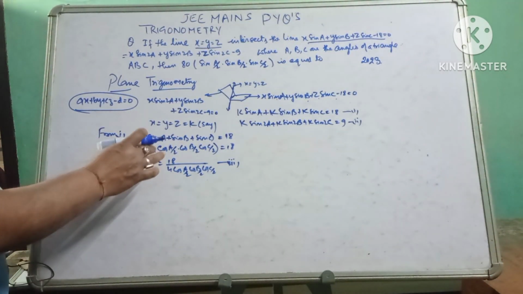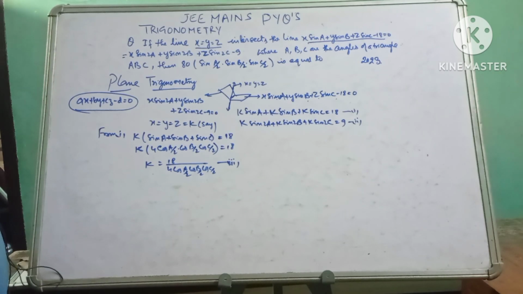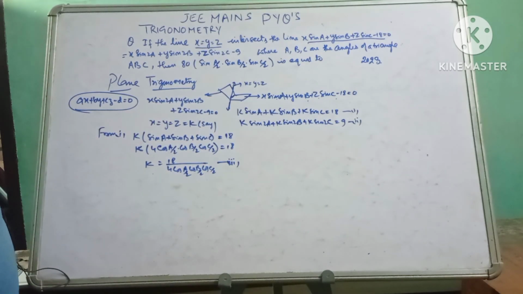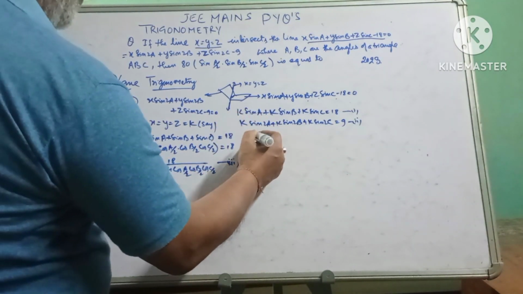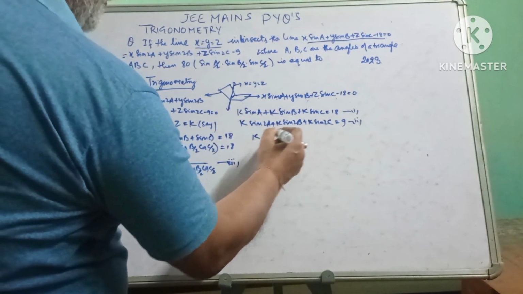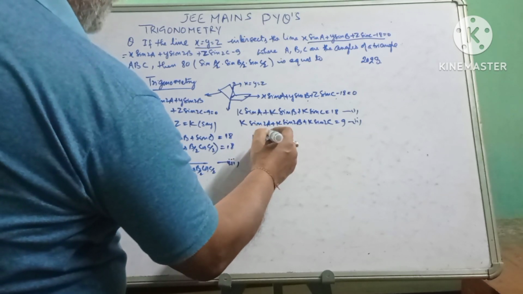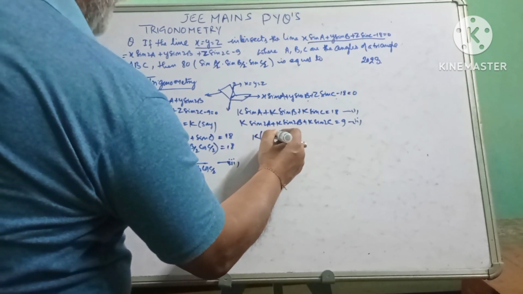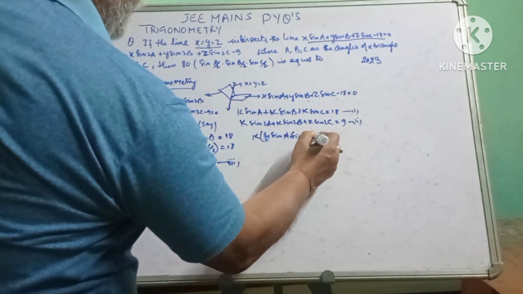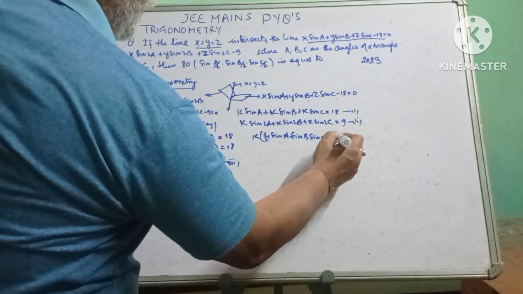So here is the value of this. You must know this, it can be proved, but if I am going to prove it, it will take another time. So this you must know. These are the standard results which we get. Similarly here, from these two, k is common, and the result of this is 4 sine A sine B sine C. This is equal to 9.